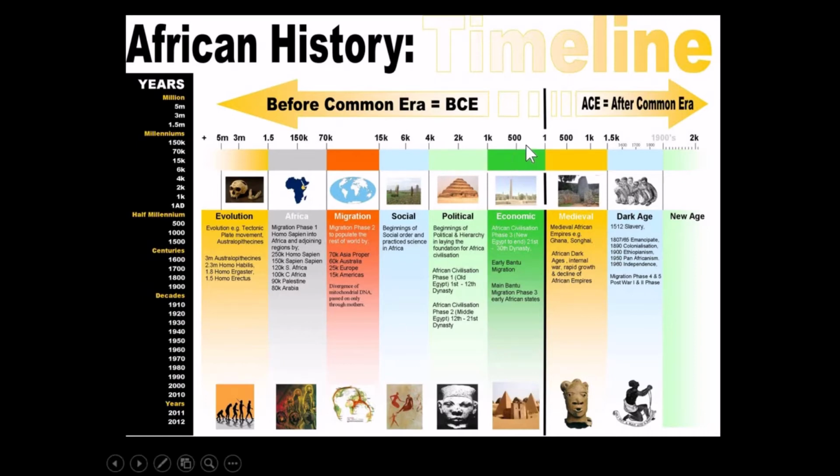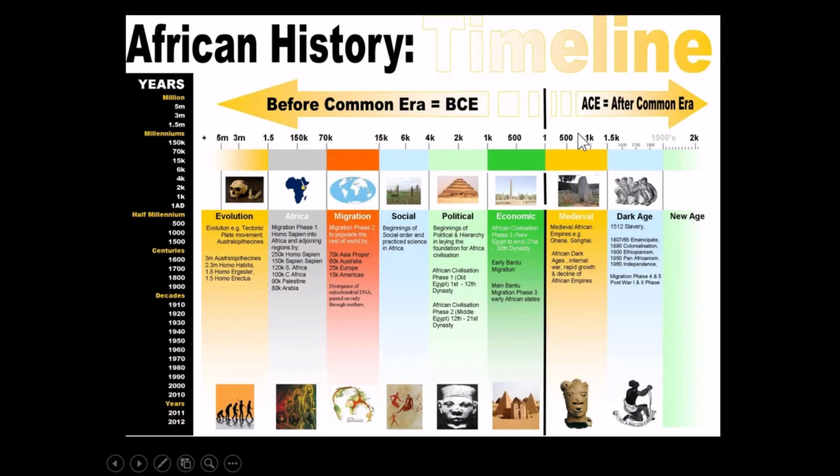But what always gets me excited is look at the time here when Jesus Christ was born compared to some of the history and evidence that we have found in Africa here. Look at all that time that occurred before the birth of Jesus Christ. So what was happening on the continent then? To me, when I look at history, humans almost took a darker turn in their existence after this period here.